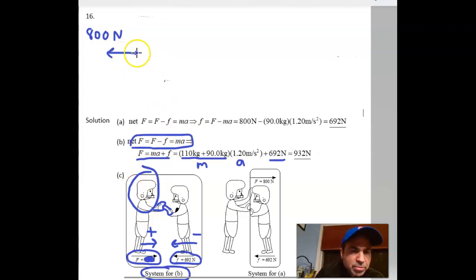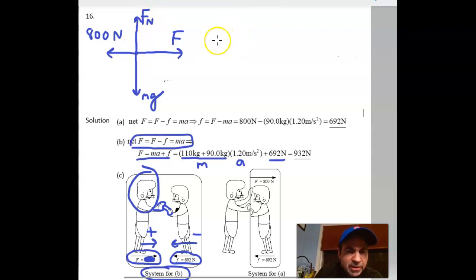So that's the push from the other player. This is the unknown force that the ground is pushing on him and that he is pushing on the ground. And then of course we have mg, that's his weight, and then we have the normal force counteracting the weight.